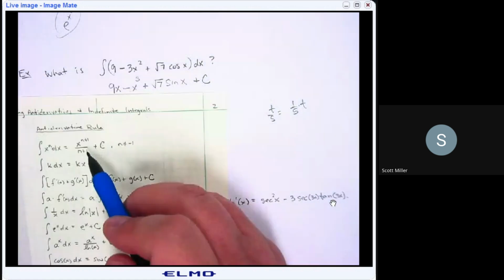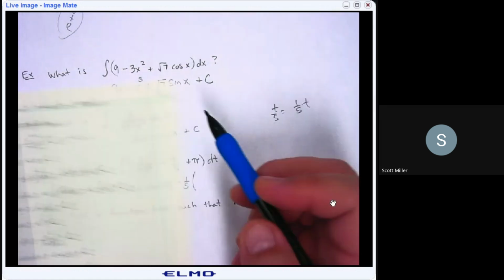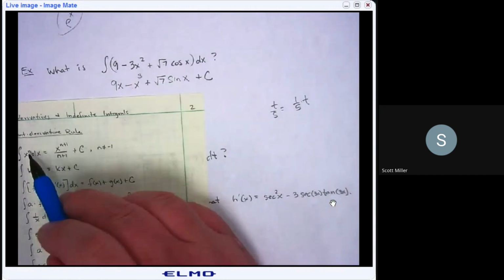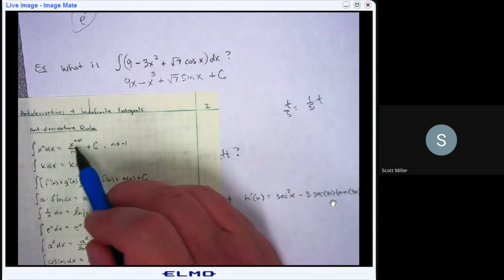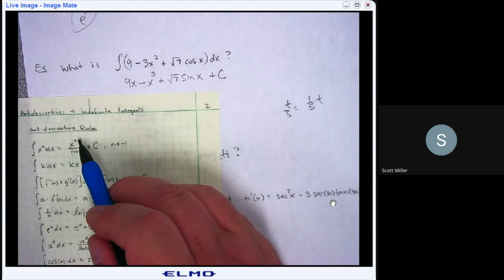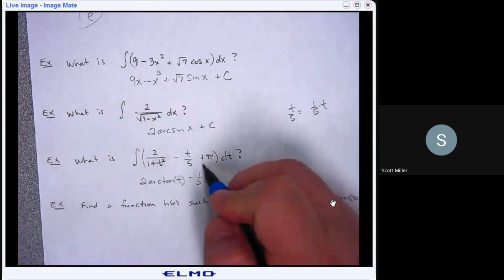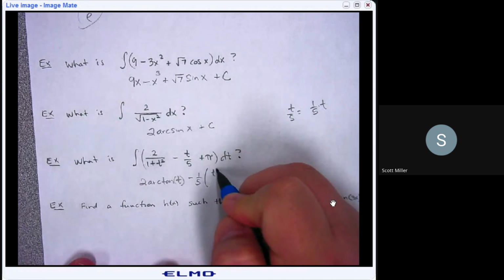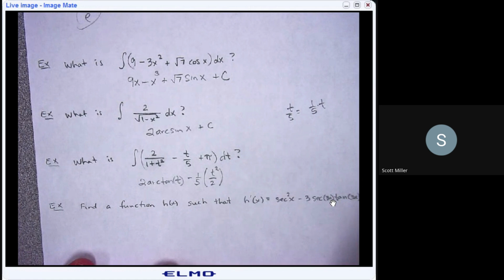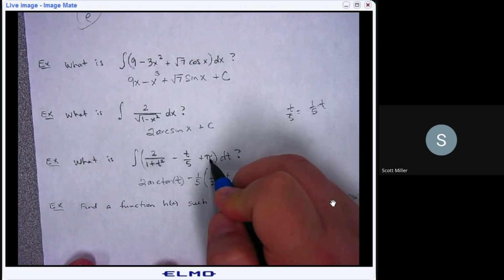And if you're not sure, we can use this rule right here. So I have t to the 1. I'm going to raise the power by 1, so it's going to be a t squared, but then I have to divide by that raised exponent, which is 2. So this t part becomes t squared over 2. And then plus this is just a constant.